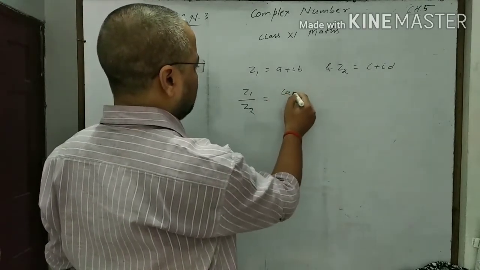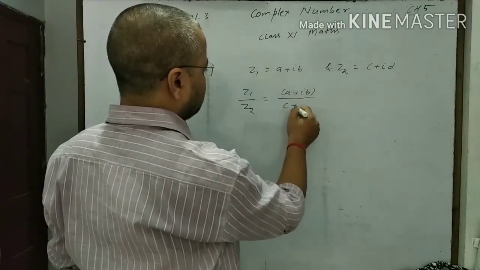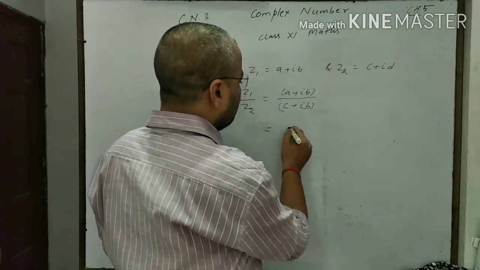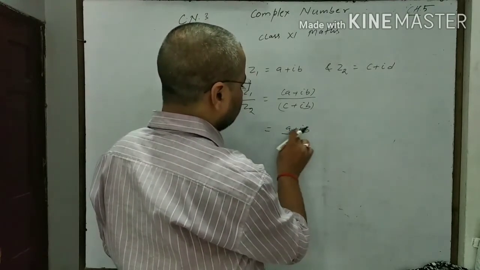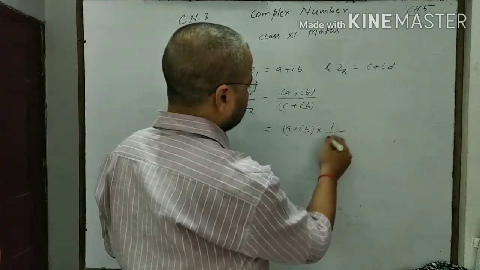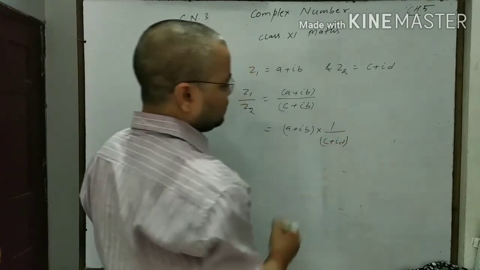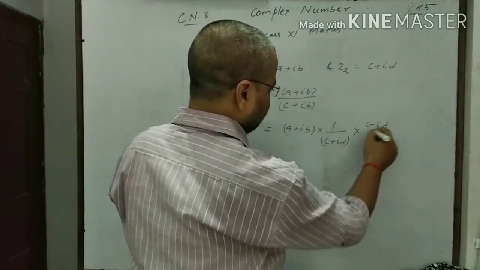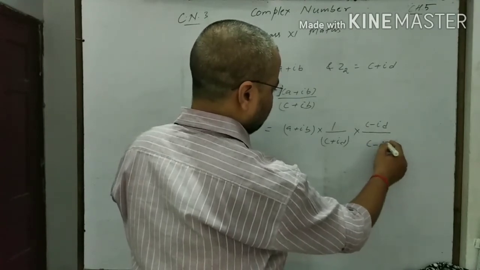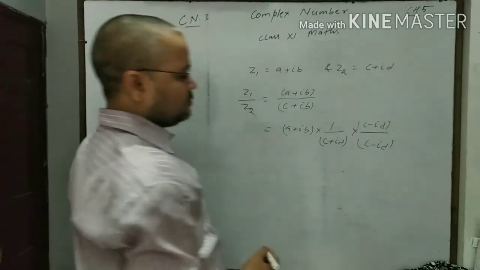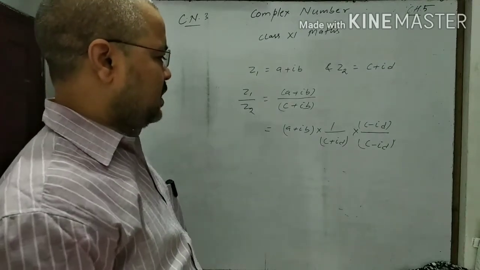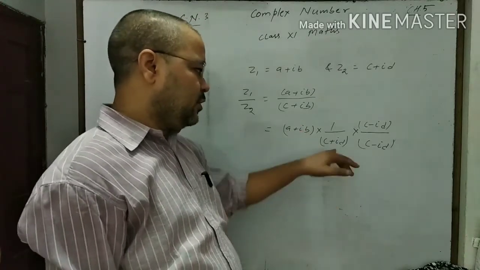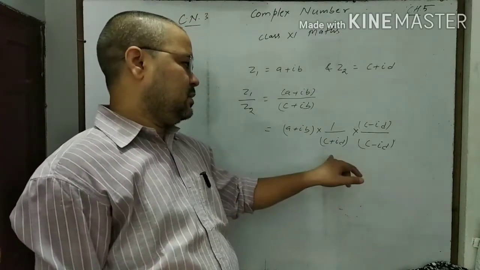Now we can write here a plus ib upon c plus id. Getting? Now here a plus ib into 1 upon c plus id. We can write like this way. Now multiply it by c minus id, and here also c minus id. Why we are doing like this way? Because we do not want to put the denominator in the form of a complex number.